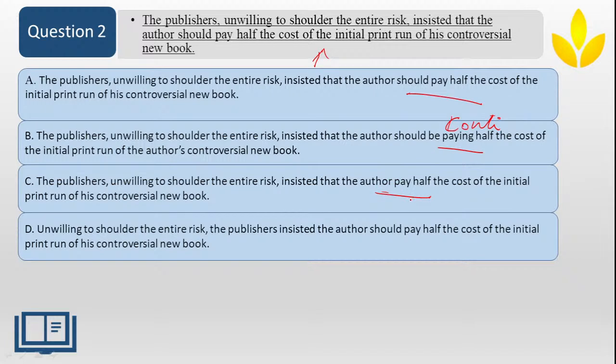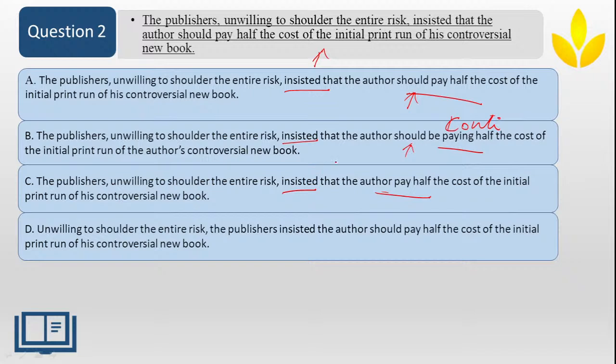Author pay is given. So now you need to understand why they have used should here. Should is a conditional statement. So why have they used it? Then what is the meaning of insisted?